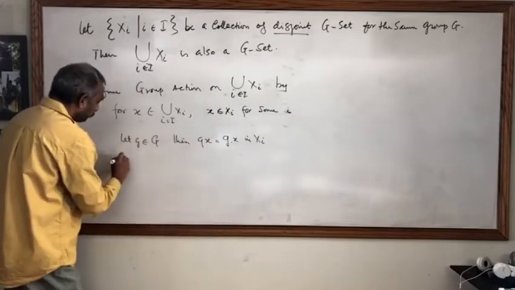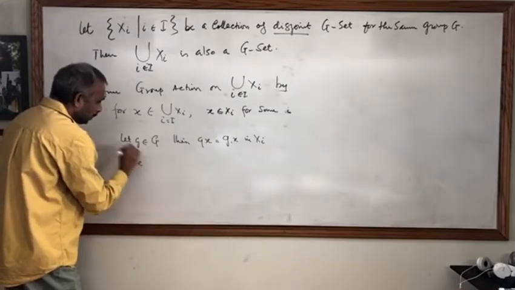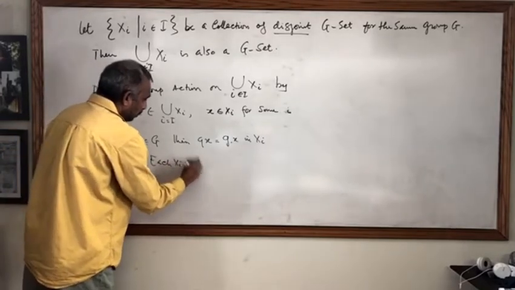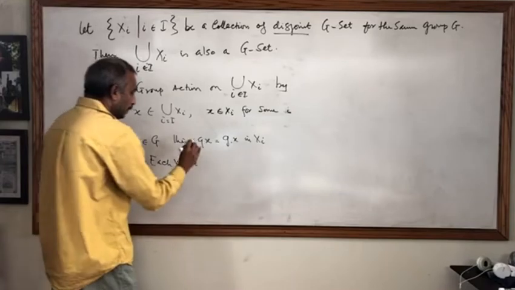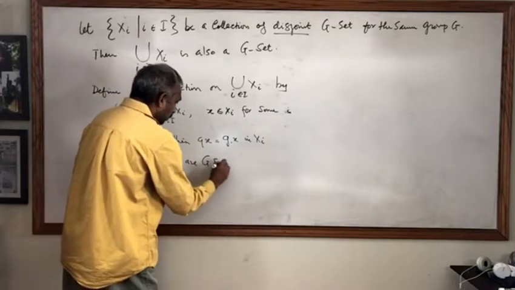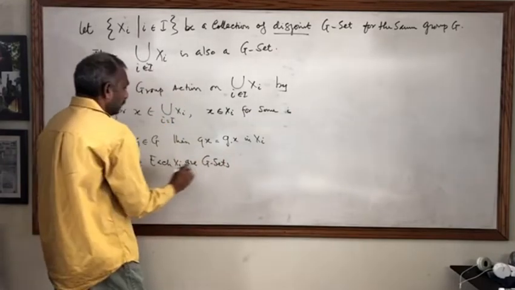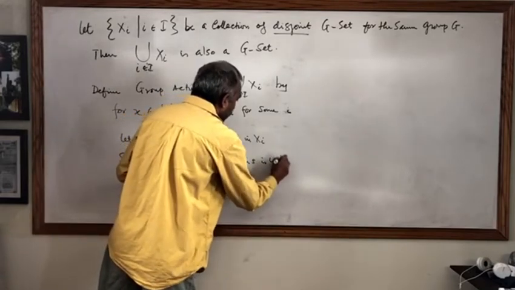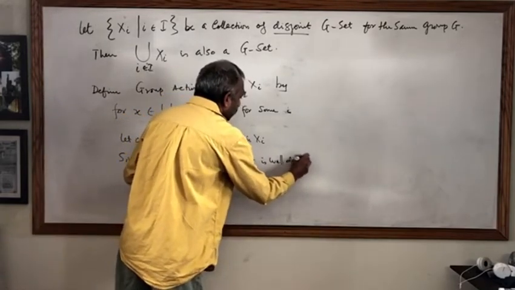So since each Xi is a G set, this is a well defined action.